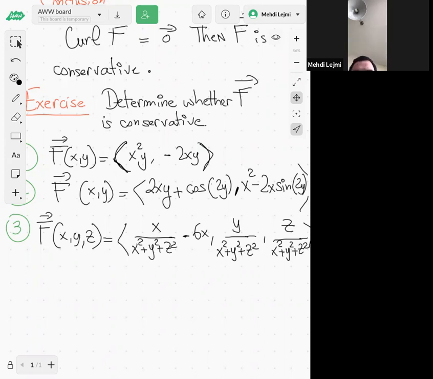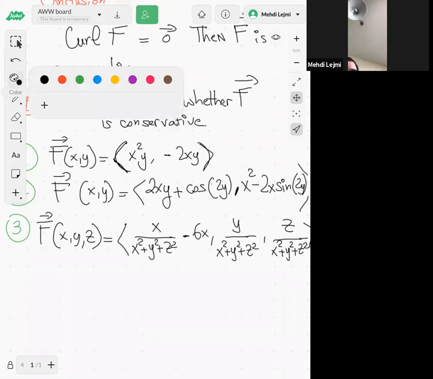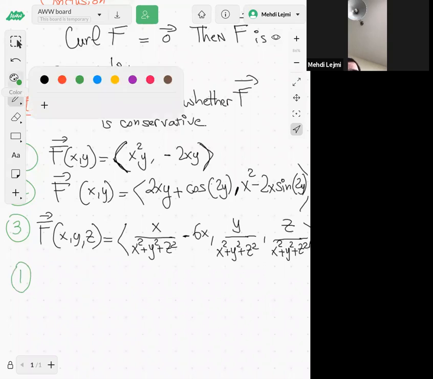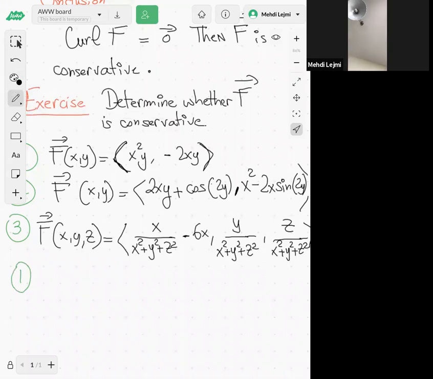All right, guys. I don't know if you had time to check this exercise, but anyway, I'm going to just go over the problems here. For the first vector field, it's just a two-dimensional vector field. So for number one, the components are x squared times y and minus 2xy.